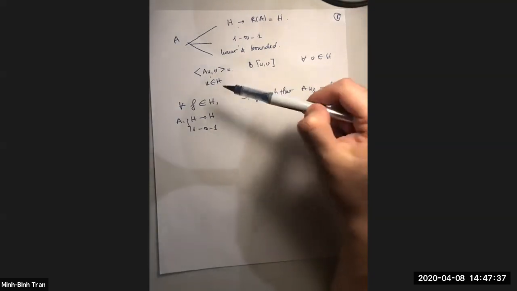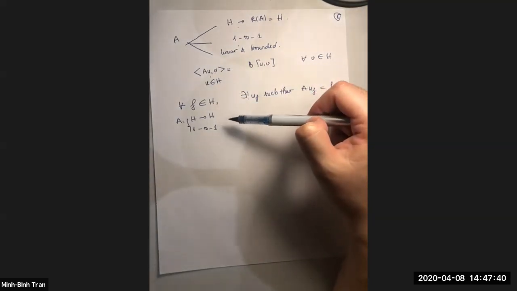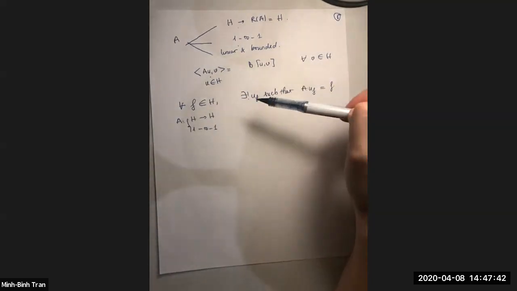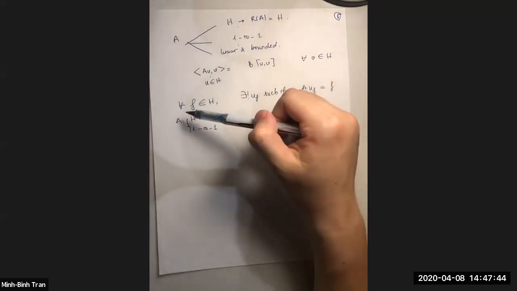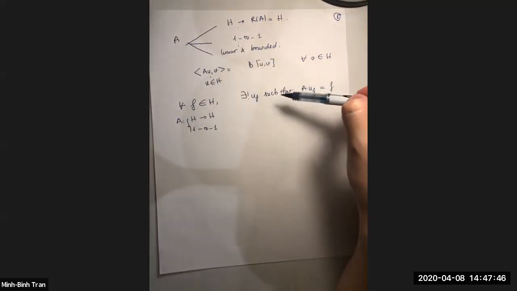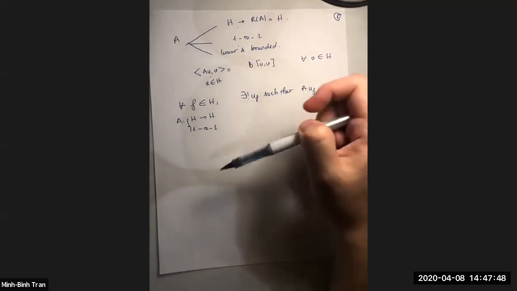So what we show is that, because A is 1 to 1, and A is from H to H, for all of the f in H, there is a unique uf such that A of uf is going to be f, right?